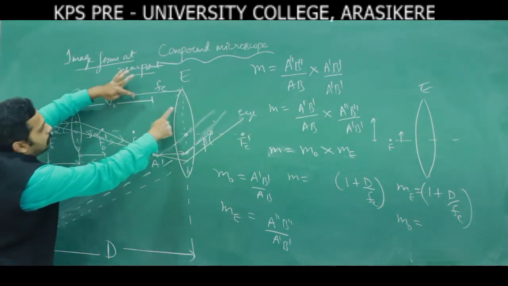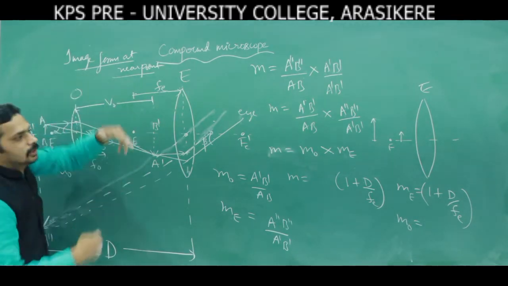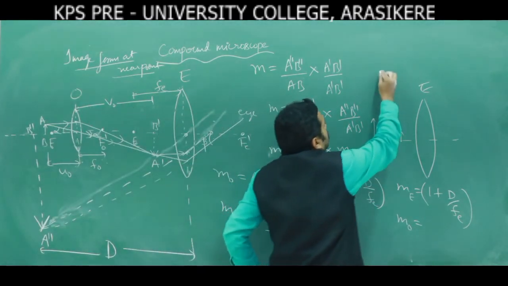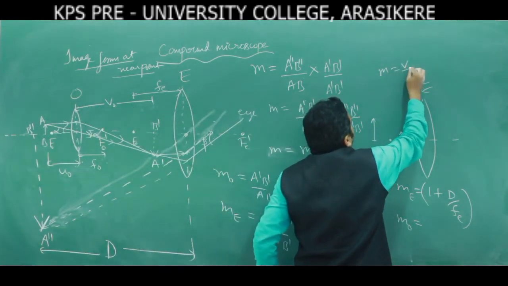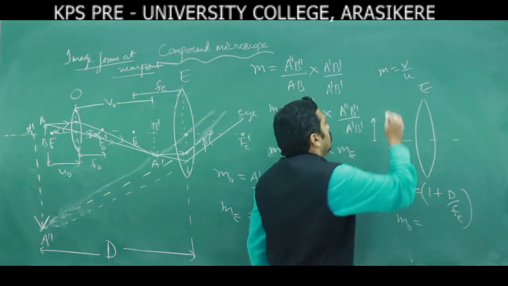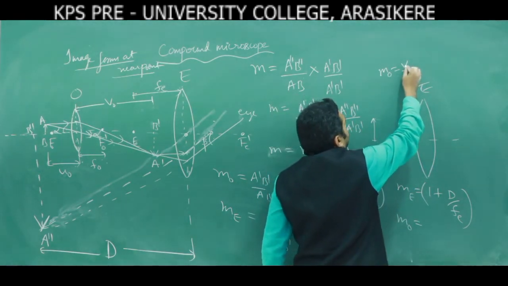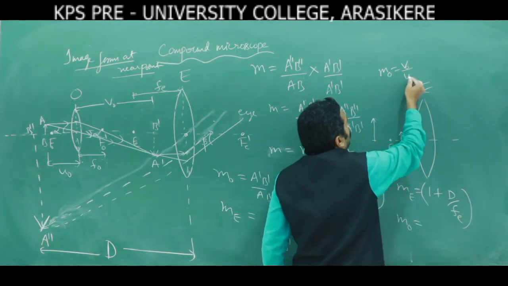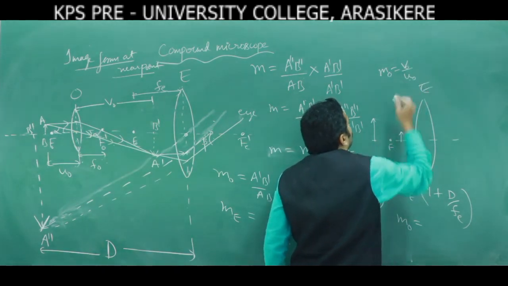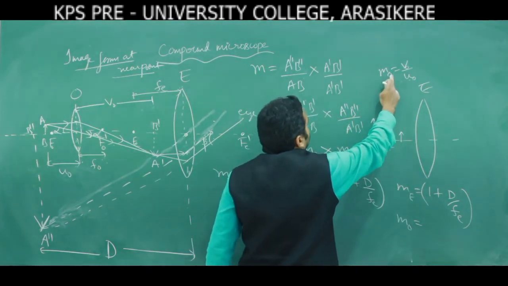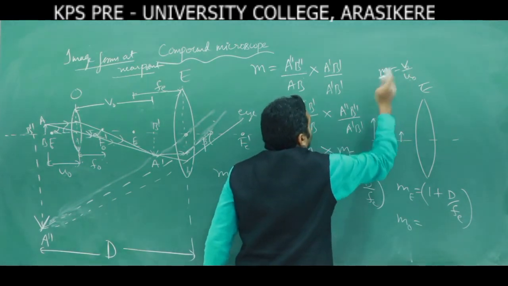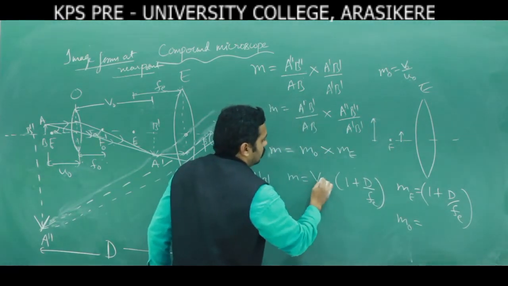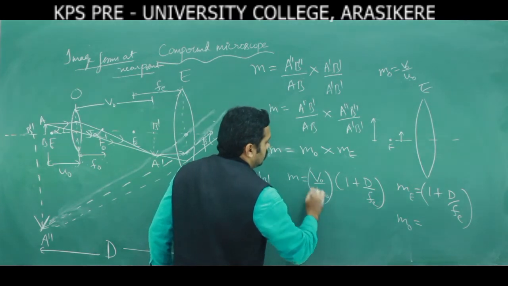That's why I am using the magnification in terms of v and u. What is the image distance for the objective lens? V naught. What is the object distance for the objective lens? U naught. In the place of M naught, here I am using v naught by u naught.